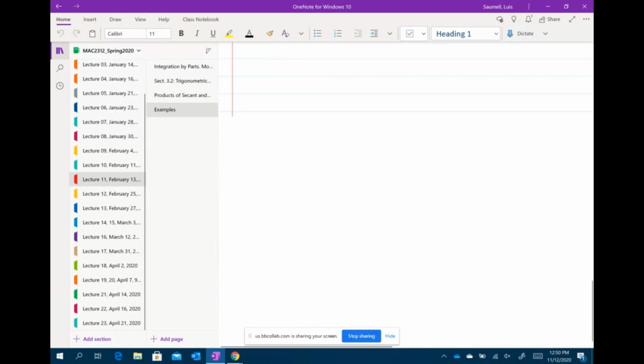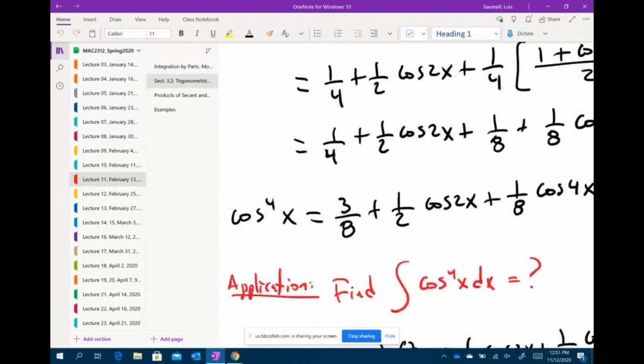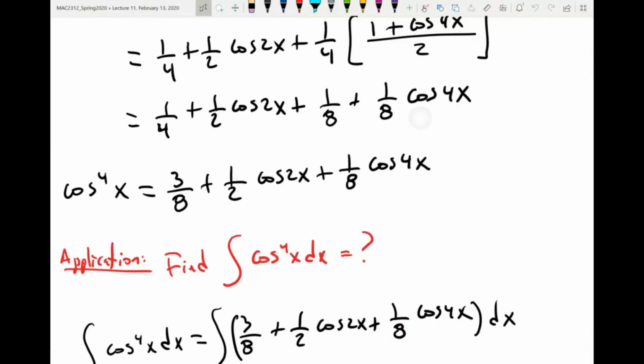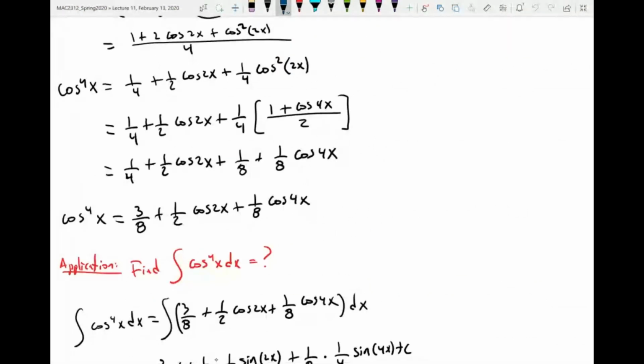Okay, so here we have trigonometric integrals. We're going to be doing these things later on, like how to take something like cosine to the 4 and writing this expression. Okay, this right here, this is trigonometry. That's not calculus yet. Okay, we will discuss this at some point.